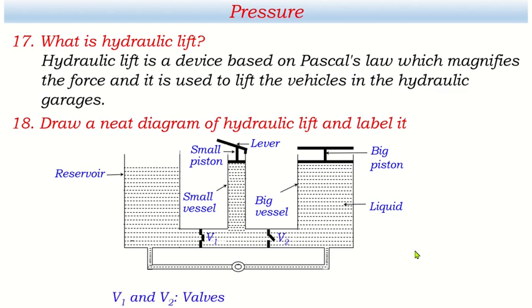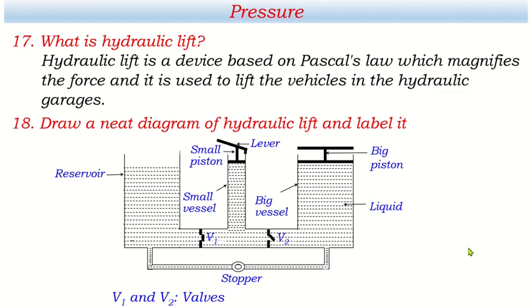And V1 and V2 are valves here. A narrow pipe is shown which connects the reservoir with the big vessel, and there is a stopper. If we open this stopper, then liquid flows from the big piston to the reservoir. If the level of liquid is high in the big piston, then certainly it flows towards the reservoir.